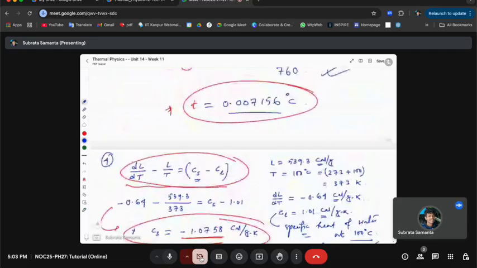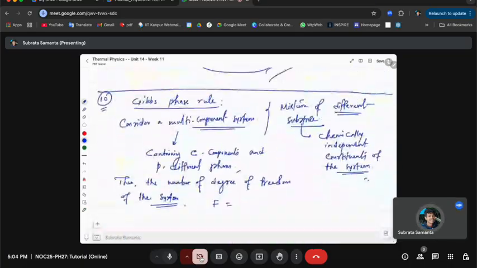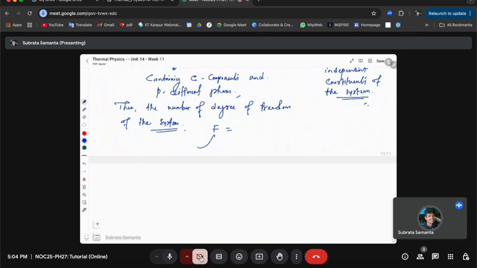So this F in the question is the number of independent intensive variables, okay, that means the number of degrees of freedom.